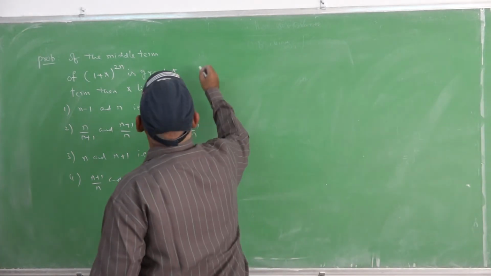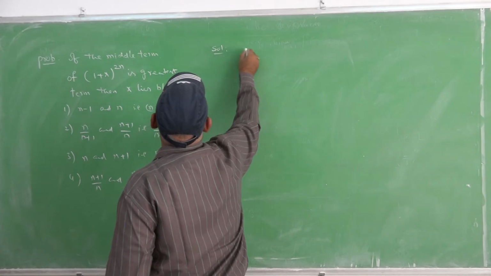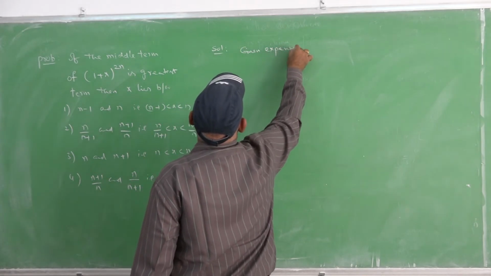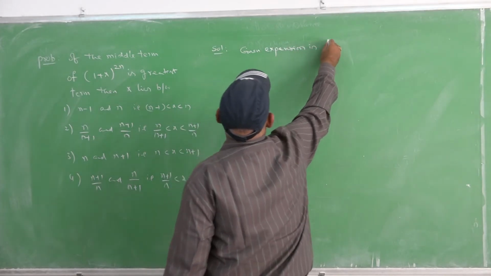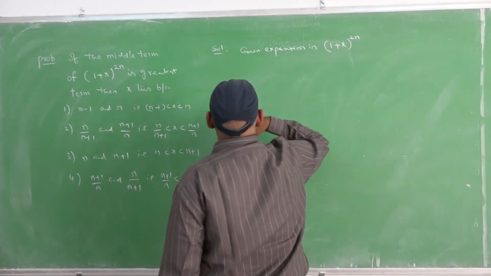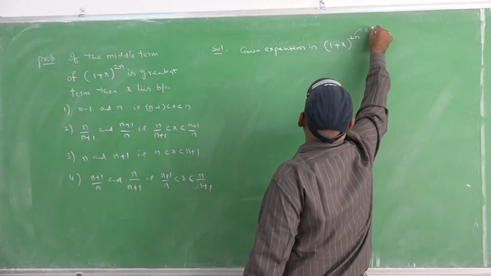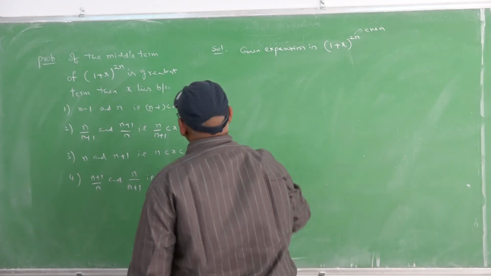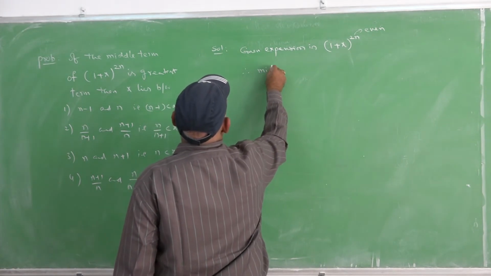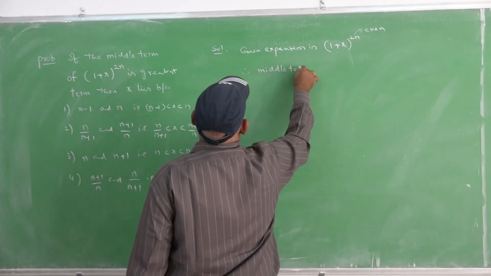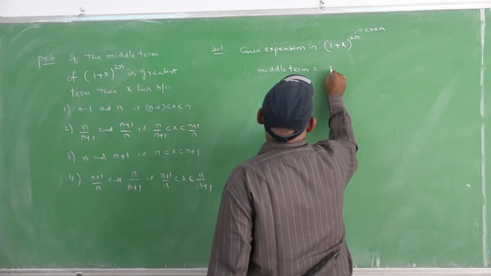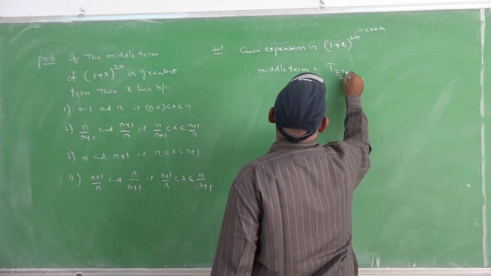At first find the middle term here. Given expansion is (1 plus x) whole power 2n. The index is even. So therefore, the middle term is T of 2n by 2 plus 1.